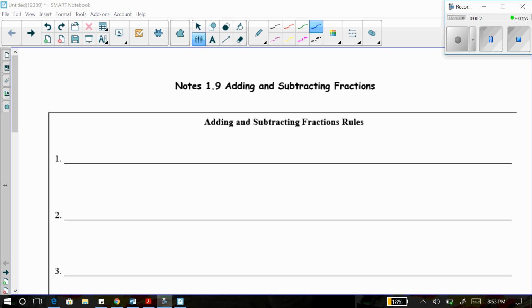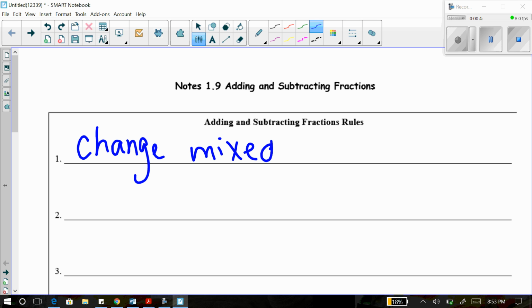So the first rule that I want you guys to do is whenever we are adding and subtracting fractions, we want to change mixed numbers to improper fractions.